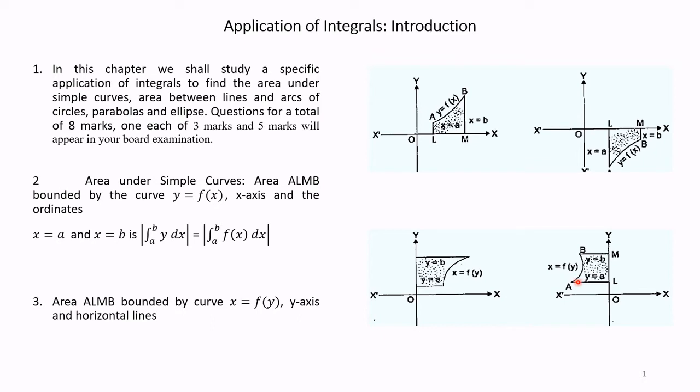The limit is from y equals a to y equals b, between L and M as shown in the diagram, and the area is given by the mod of the integral from a to b of x dy, which equals the mod of the integral from a to b of f(y) dy.